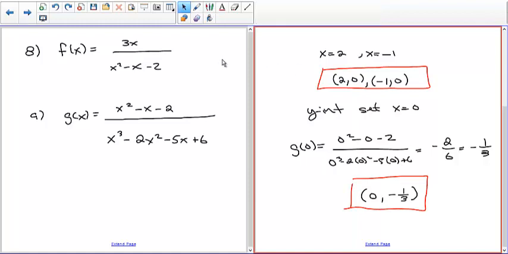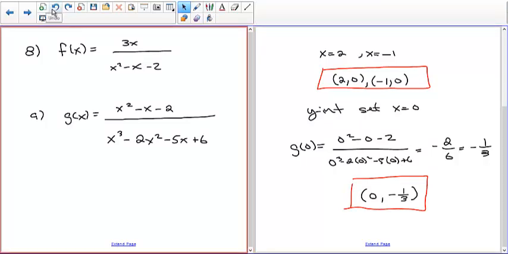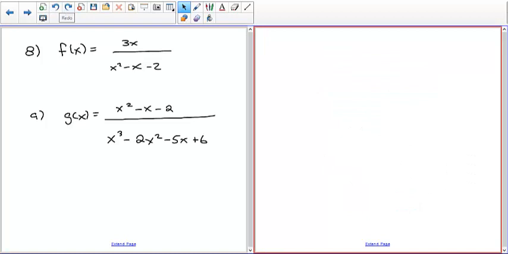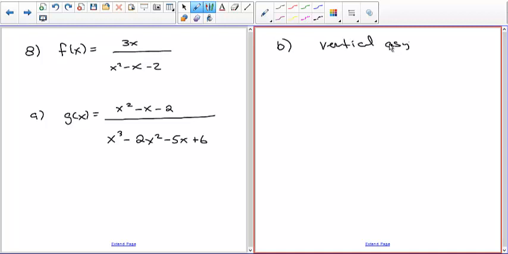Next thing we do is the asymptotes. So B, vertical asymptotes. That's when the denominator goes to 0 and the numerator is non-zero.